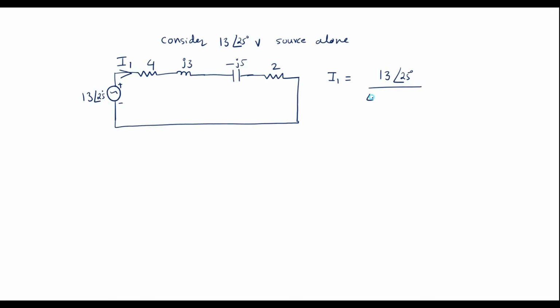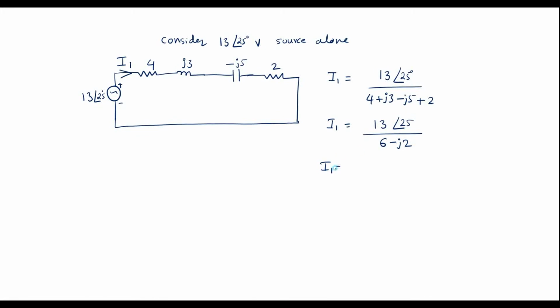All are in series. That is 4 plus J3 minus J5 plus 2, or I can write I1 is equal to 13 angle 25 divided by, we have 4 plus 2 is 6, J3 minus J5 is minus J2.